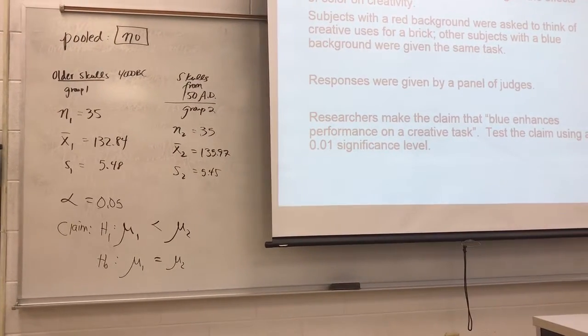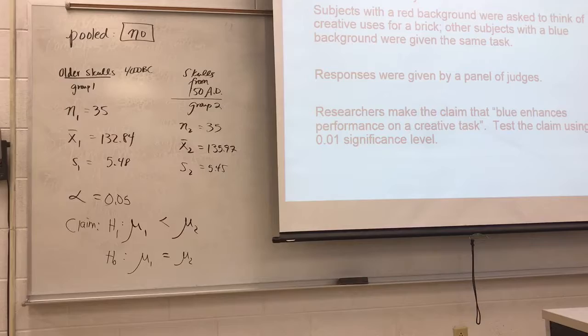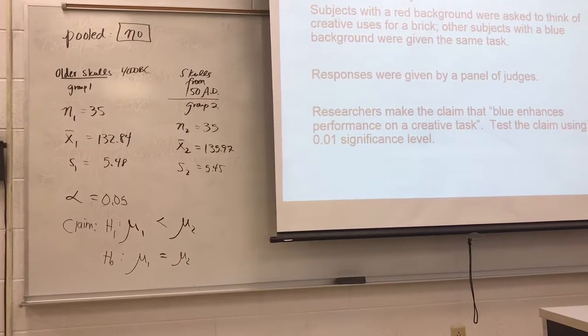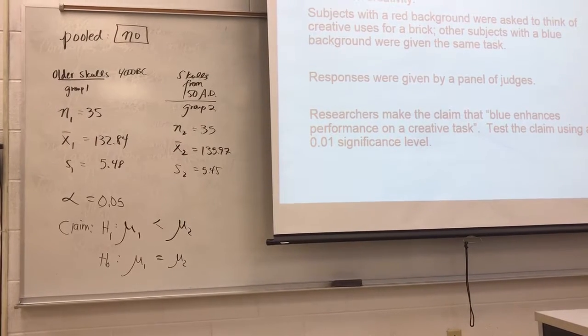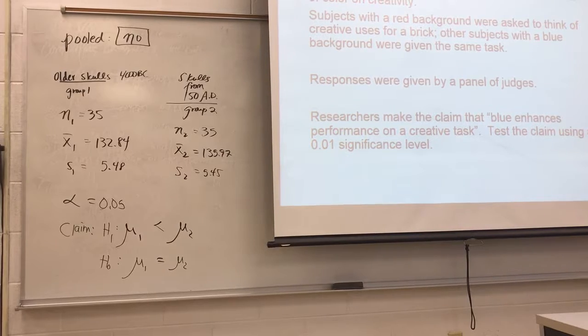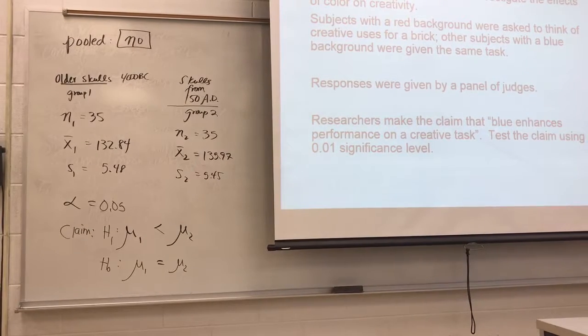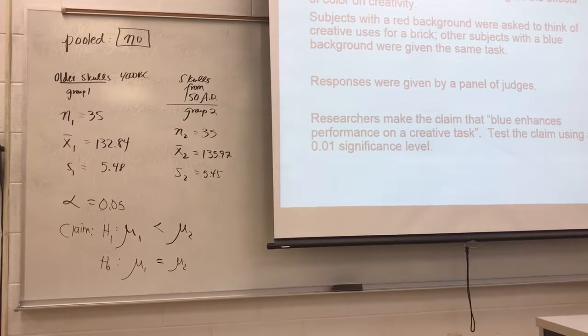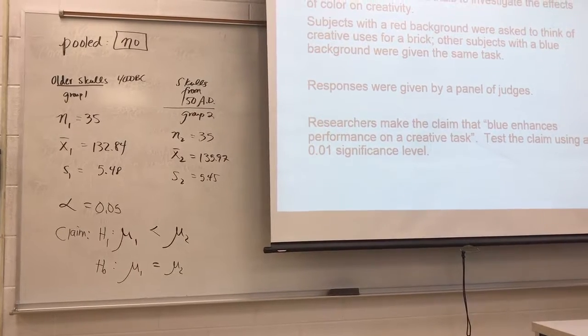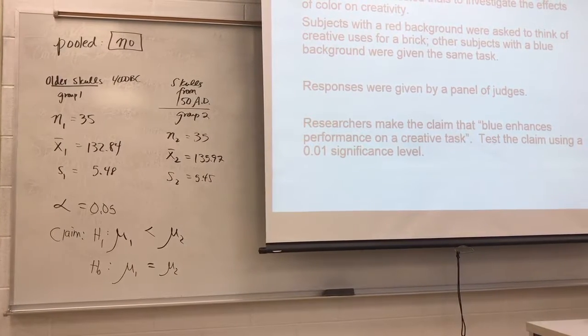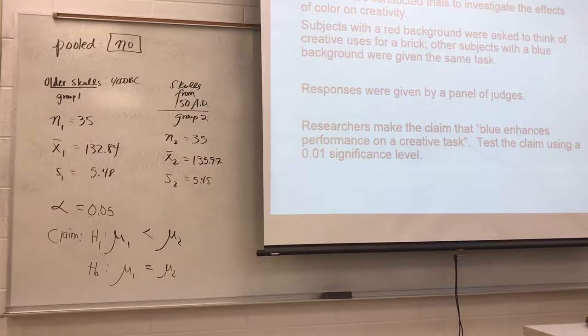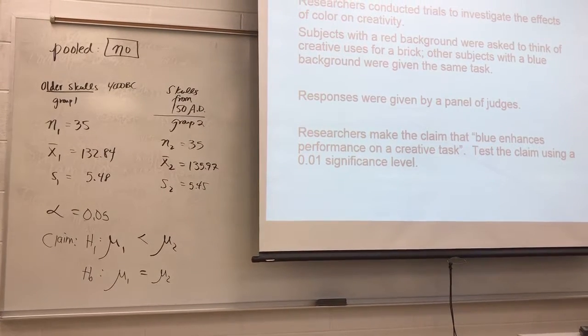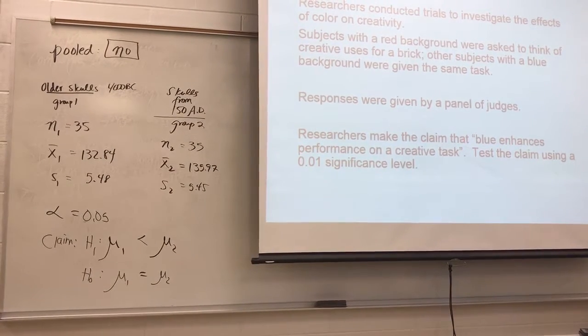Other subjects with a blue background were given the same task. Responses were given by a panel of judges. Researchers make the claim that blue enhances performance on a creative task. This data is actually in your book, in the chapter opener for chapter 9. If you have your books, it's kind of an interesting situation.